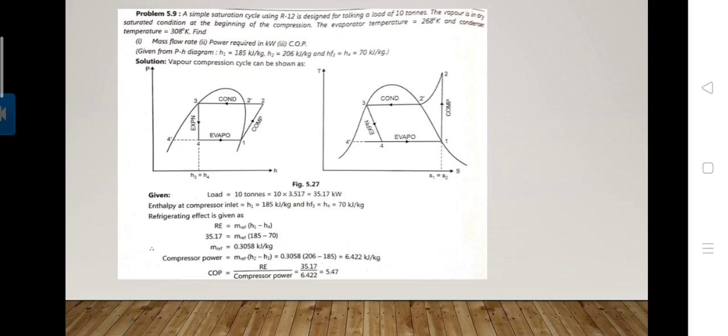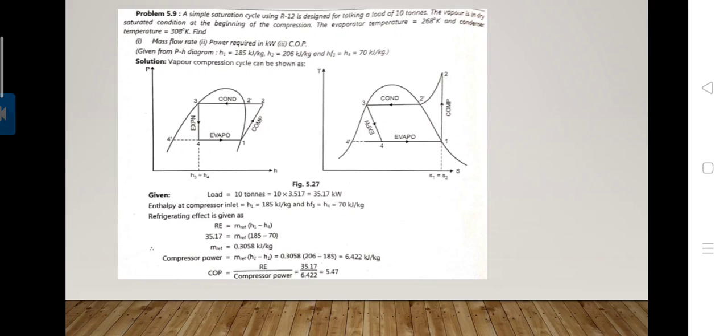In figure, 2 to 3, we see the condensation process. In condensation, when high pressure refrigerant vapors enter the condenser, which come from the compressor, cooling medium absorbs the heat and converts this vapor into liquid.